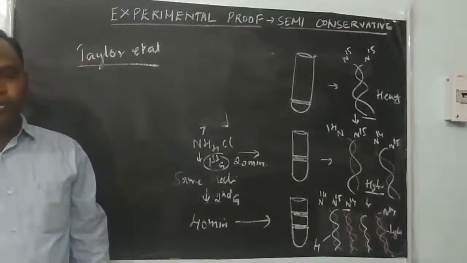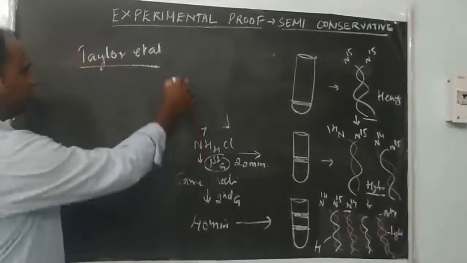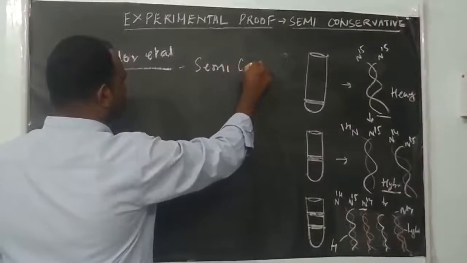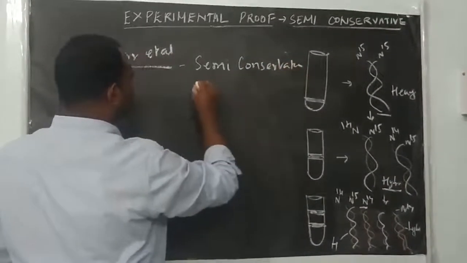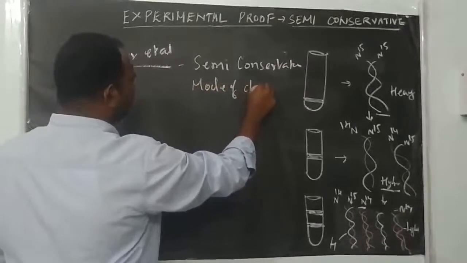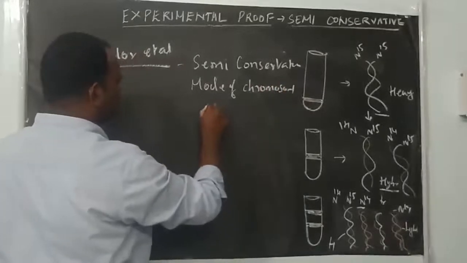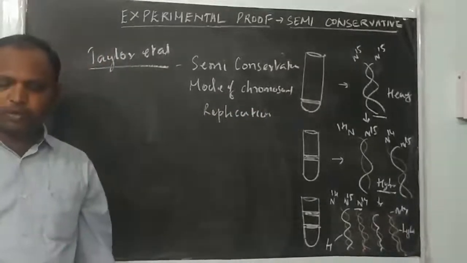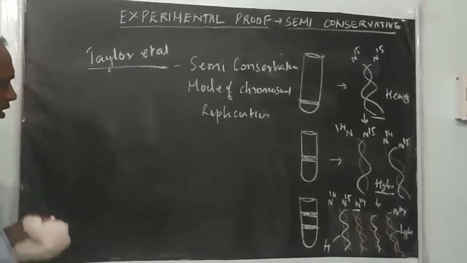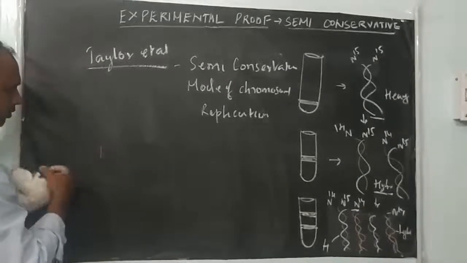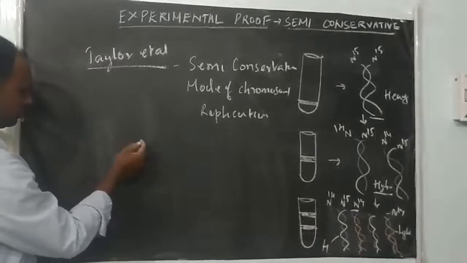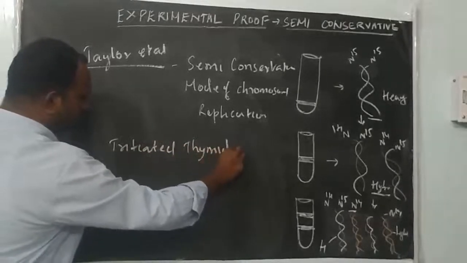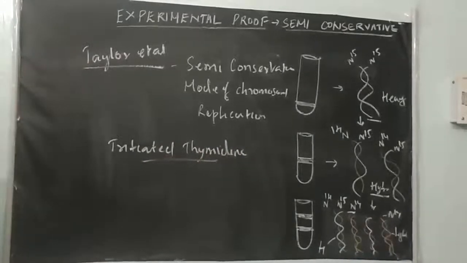Taylor and co-workers proved the semi-conservative mode of chromosomal replication in eukaryotes using tritiated thymidine, H3 thymidine.